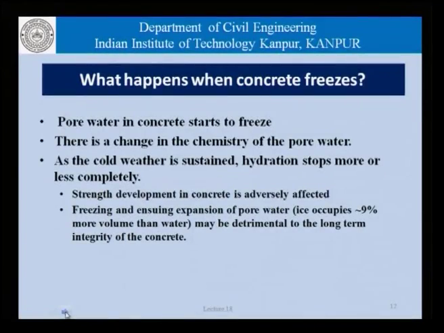Now, if the cold weather is sustained, hydration more or less stops, and this adversely affects the strength development in concrete. Freezing and ensuing expansion of pore water, ice occupying slightly more volume than water as we know, may be detrimental to the long-term integrity of concrete.